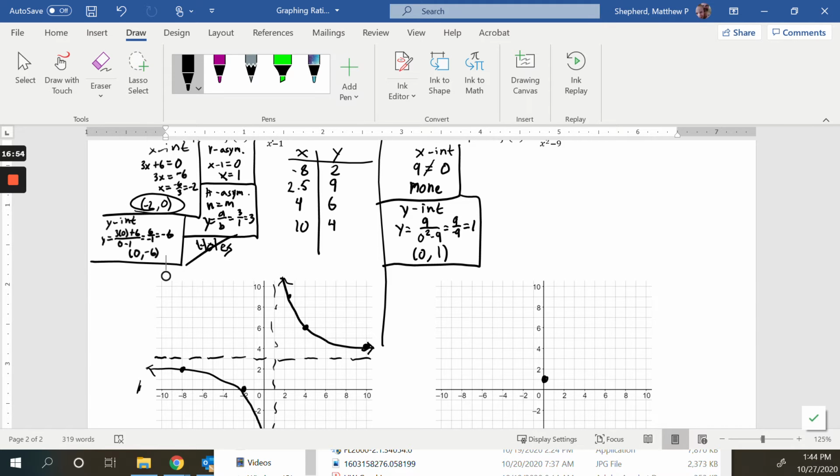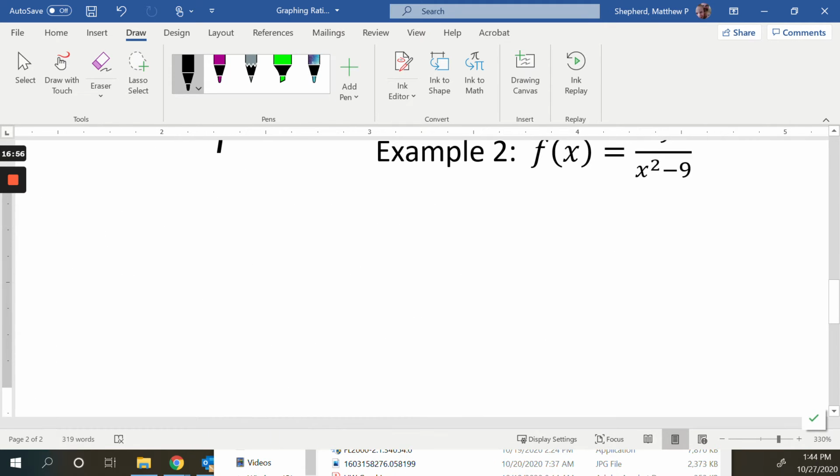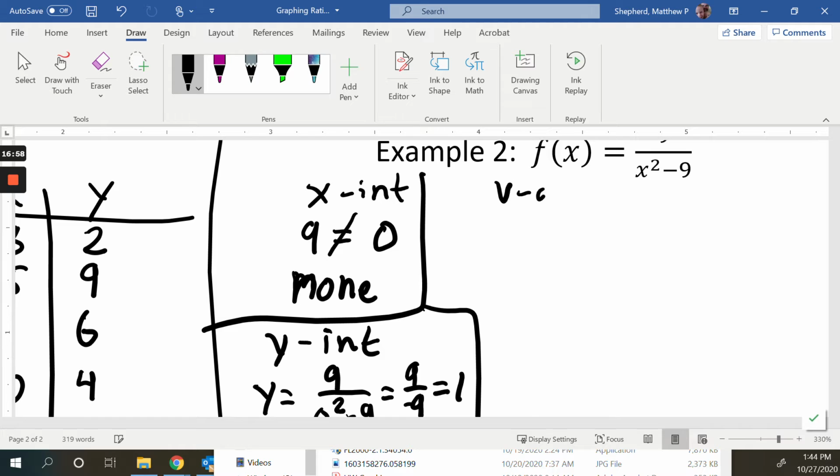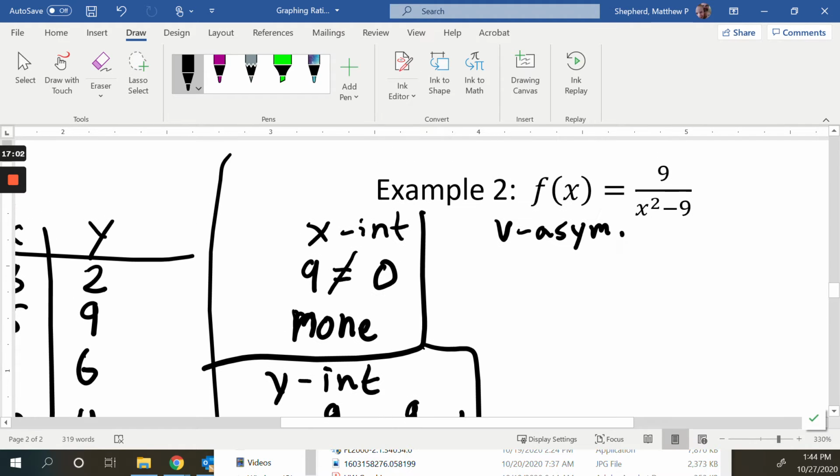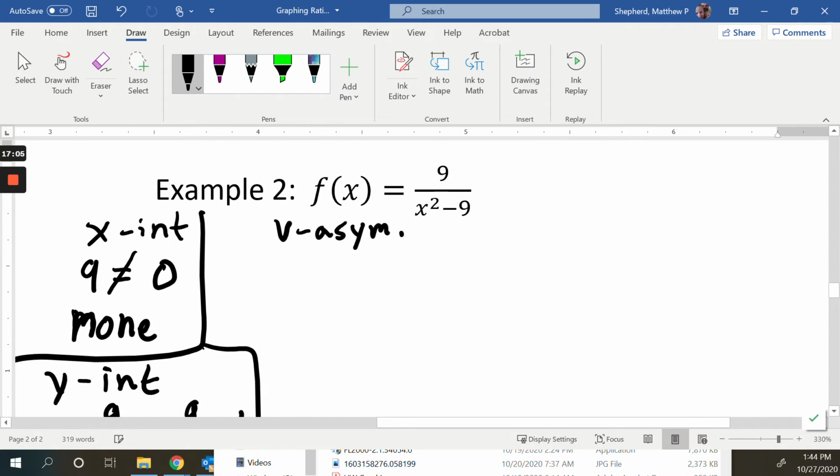Now that we've got that, let's talk about the vertical asymptote. Okay, so our vertical asymptote, we find this by setting the denominator equal to 0. Now, this is where my suggestion from before comes into play.